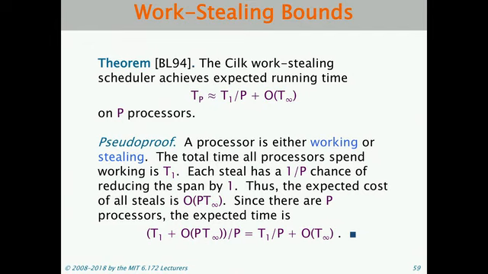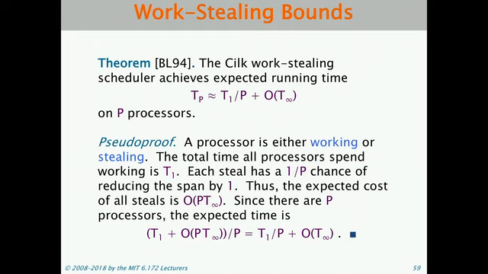And therefore, the expected cost of all steals is going to be order P times T infinity, because I have to steal P things in expectation before I get to the processor that has the critical path. And therefore, my overall cost for stealing is order P times T infinity, because I'm going to do this T infinity times.